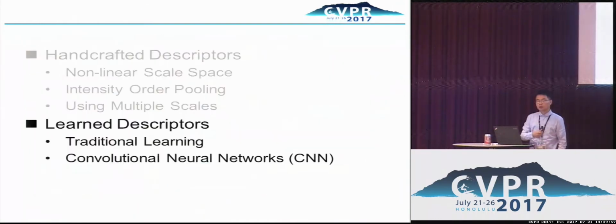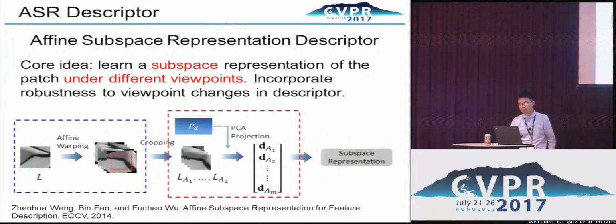Up to now, the methods I have introduced are all handcrafted ones. In the following, I will introduce how to learn high matching performance descriptors with data-driven methods. This includes the traditional machine learning methods and the recently popular CNNs.